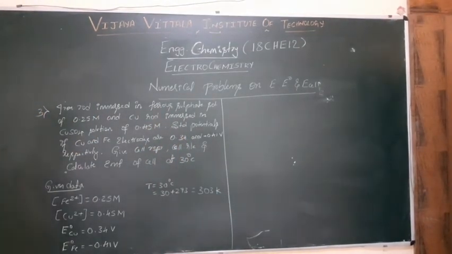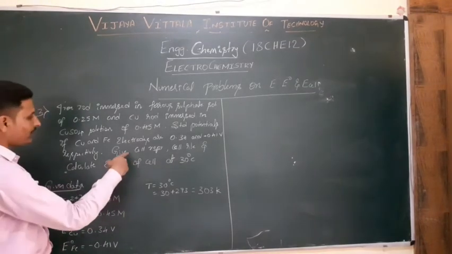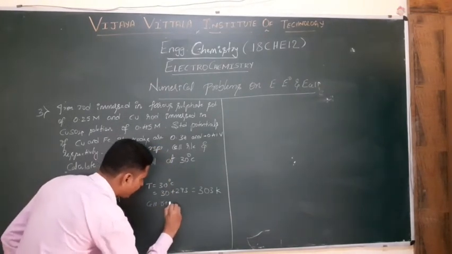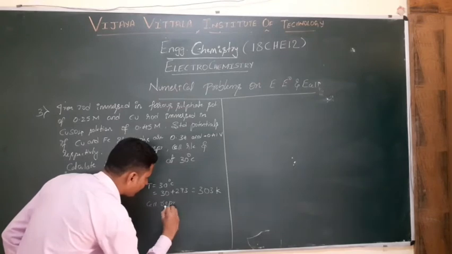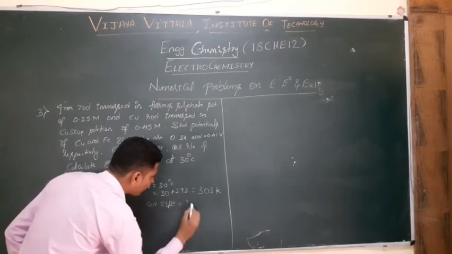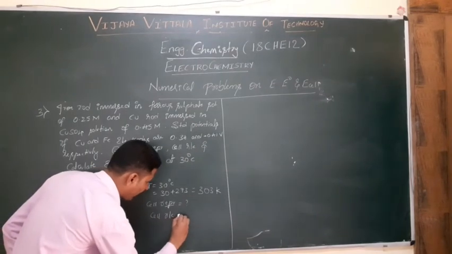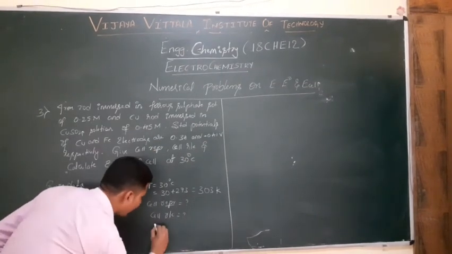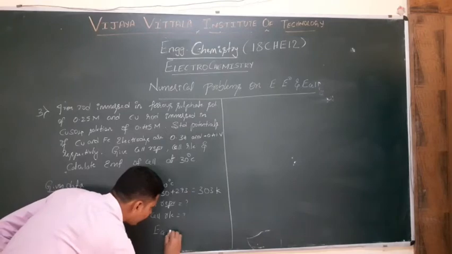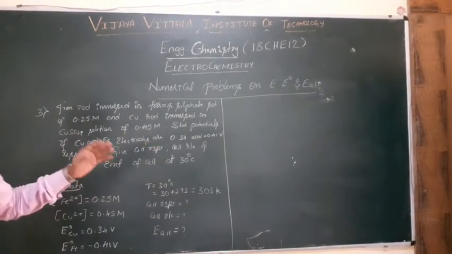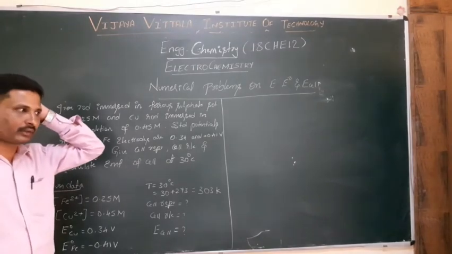Then we need to write the cell representation and cell reactions, and at last we need to calculate E cell, the EMF of the cell at 30 degrees Celsius.